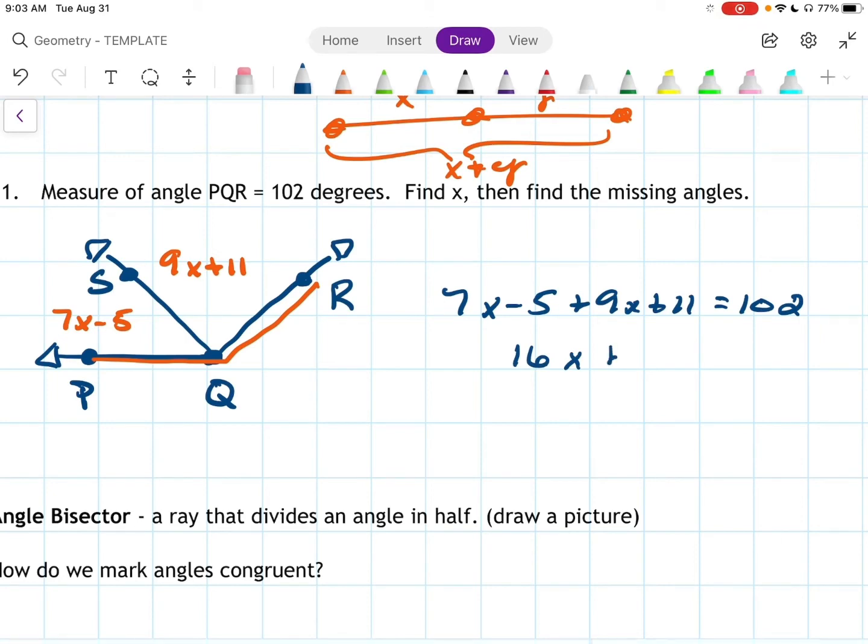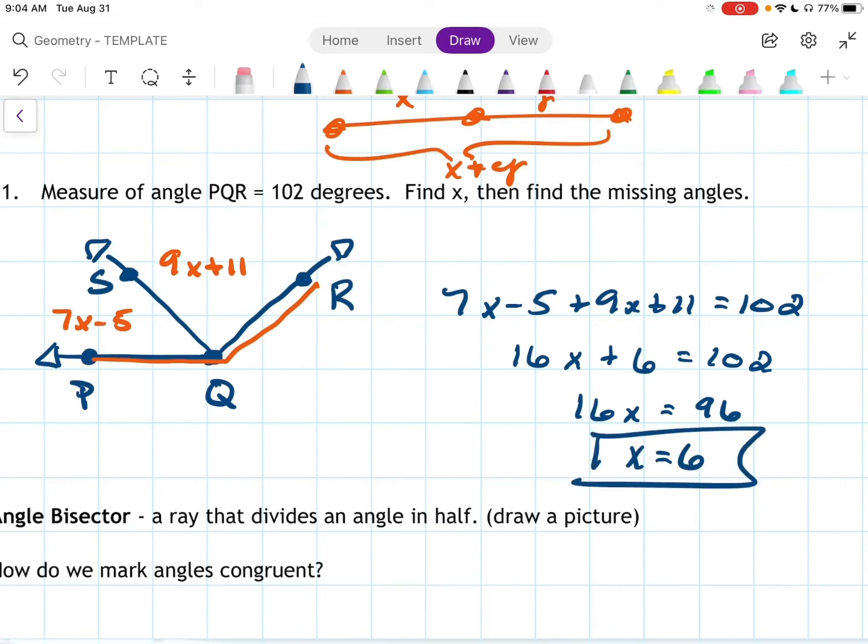Negative 5 and 11 give me 6, so 16x plus 6 is 102. Whenever I subtract 6, I get 16x equals 96. And then dividing by 16 gives me 6. So x equals 6.